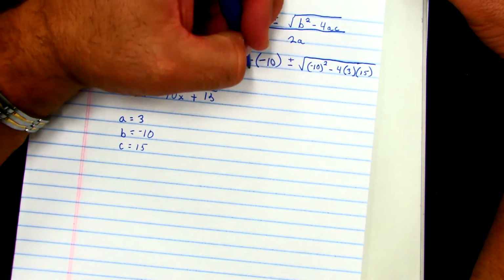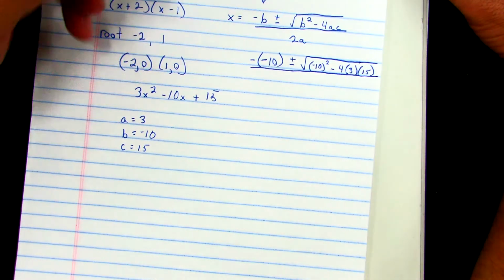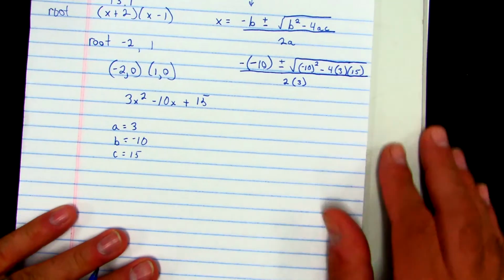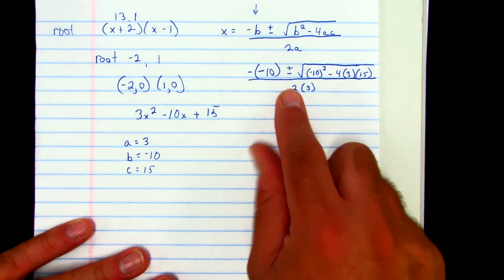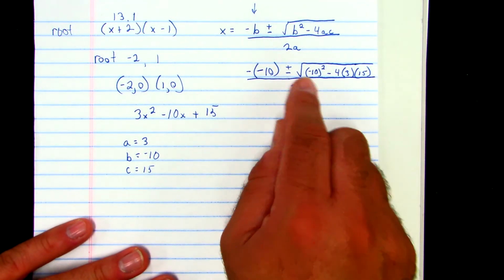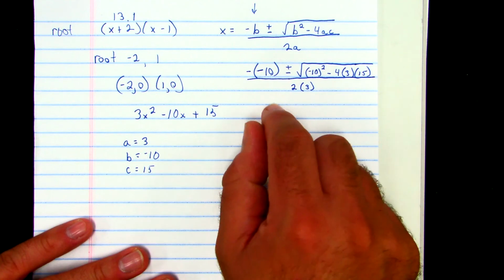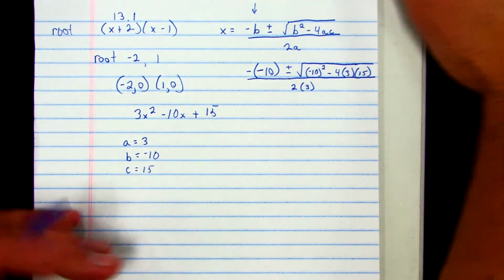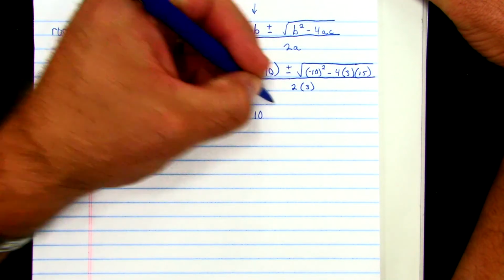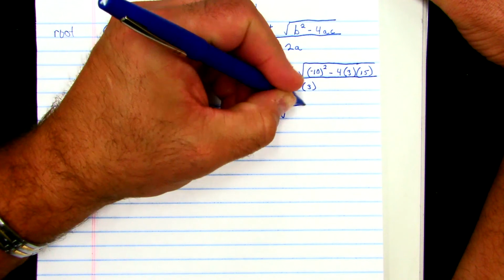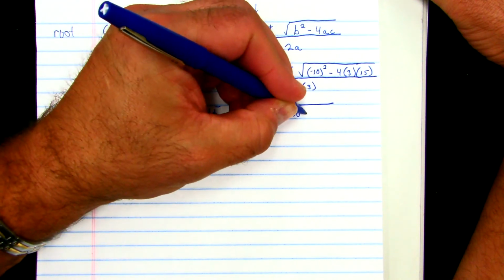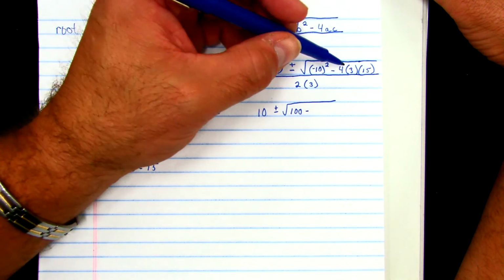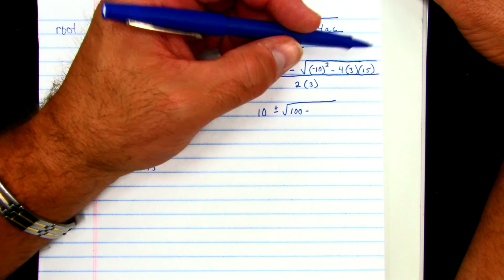And then we divide it all by 2a, which would be 2 times 3. So I take out the letter and plug in the number with parentheses. That tells me what I need to multiply and keeps my power straight. This becomes a positive 10, this becomes 100, minus 4 times 3 times 15. 4 times 3 is 12, times 15 is 180.